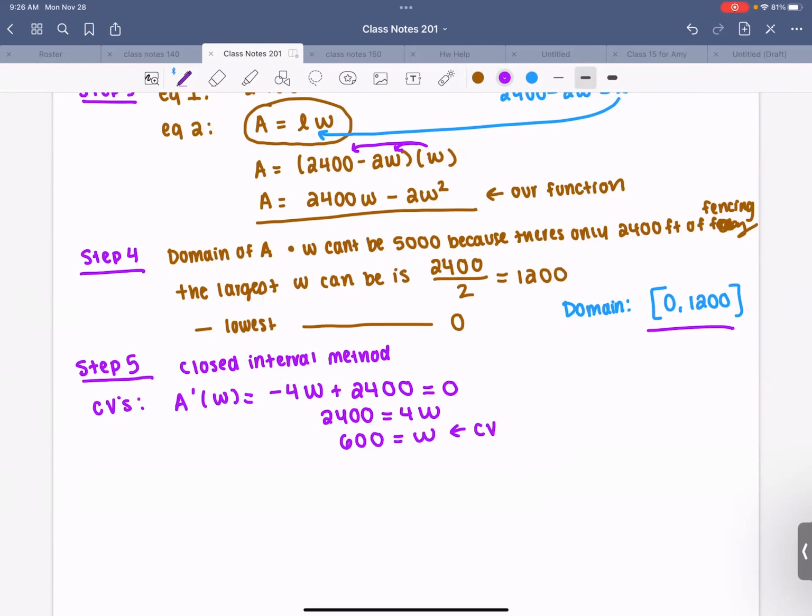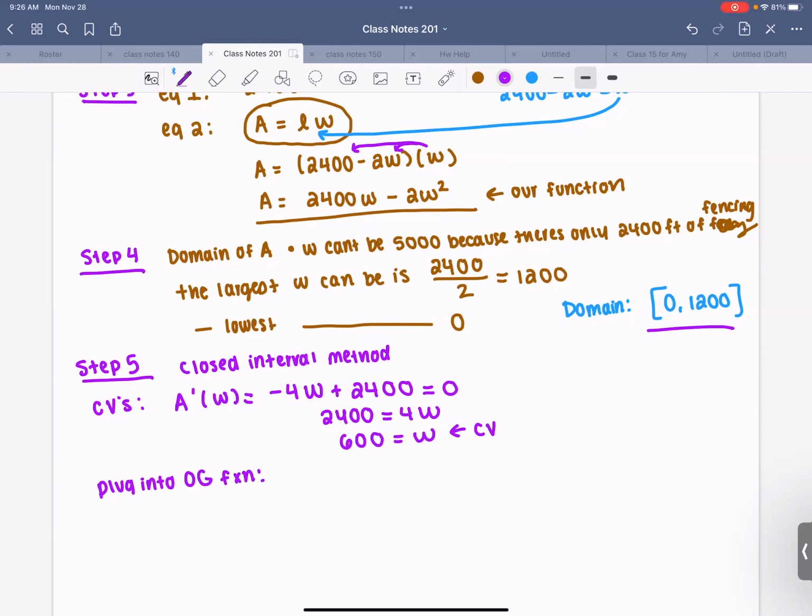In my closed interval, I'm going to plug my critical value into which function? The original function.